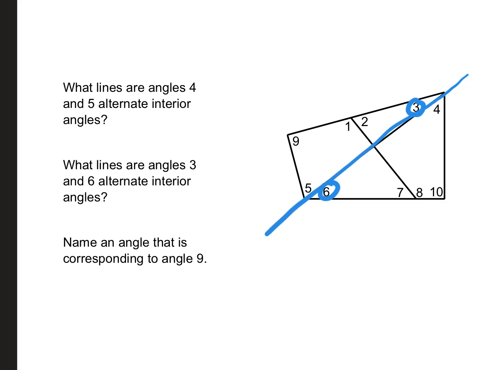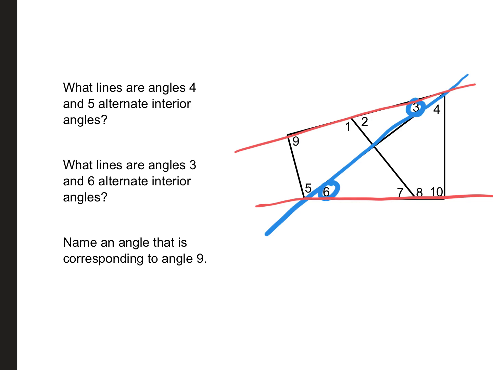The 2 lines that angles 3 and 6 would be alternate interior angles for are the 2 lines here, one that would finish making angle 3, and the other one down here, the one that would finish making angle 6. So again, those 2 lines with that blue transversal would be the ones that make these 2 angles 3 and 6 alternate interior.